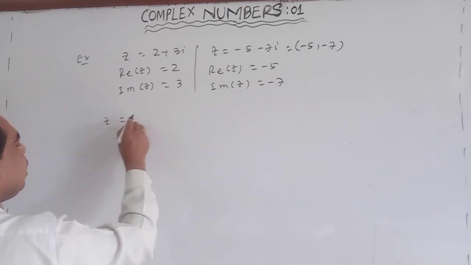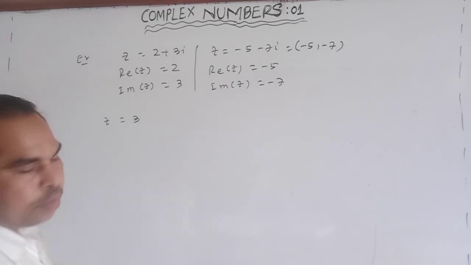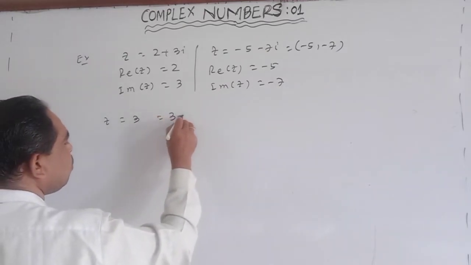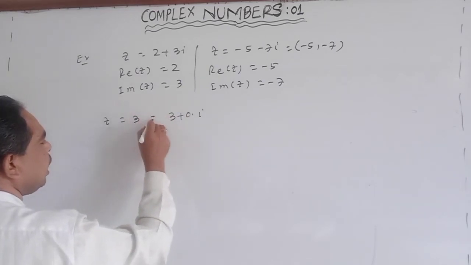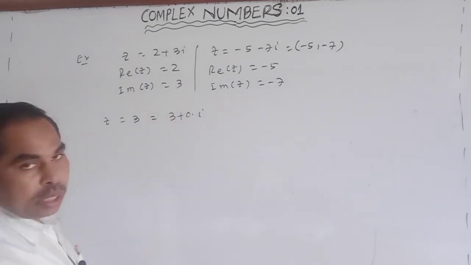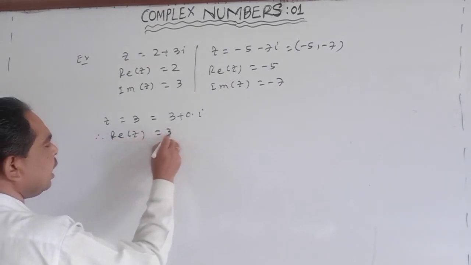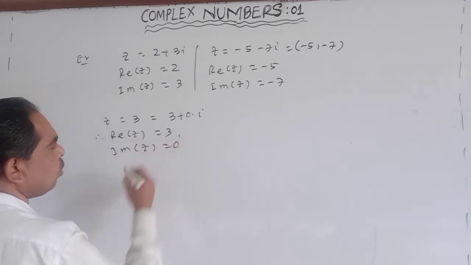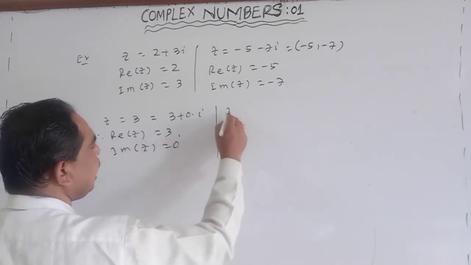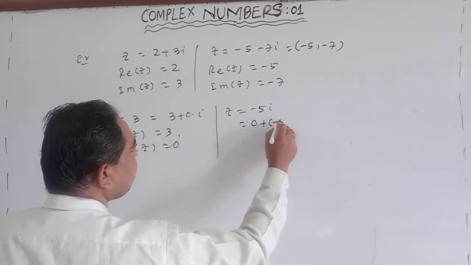Next, z is equal to 3 means 3 plus 0 into i. Therefore Re z is equal to 3, Im z is equal to 0. Similarly z is equal to minus 5i, so you can write 0 plus minus 5 into i.